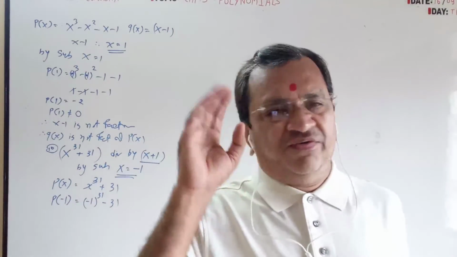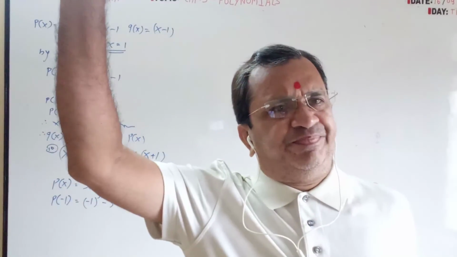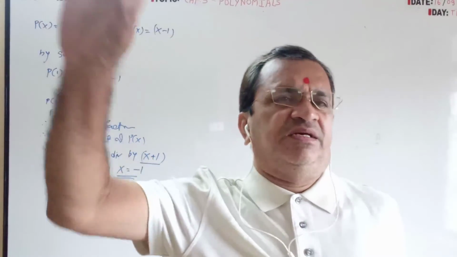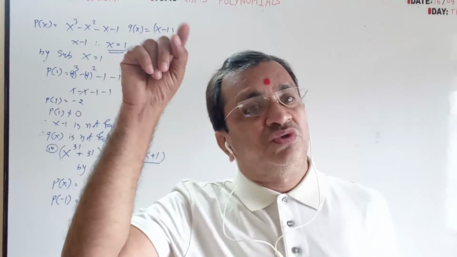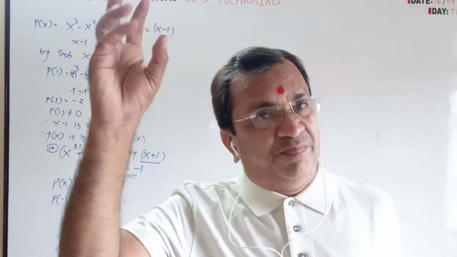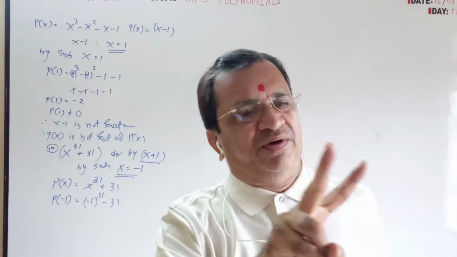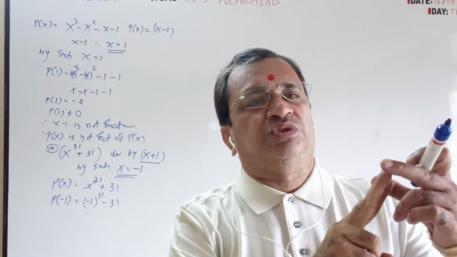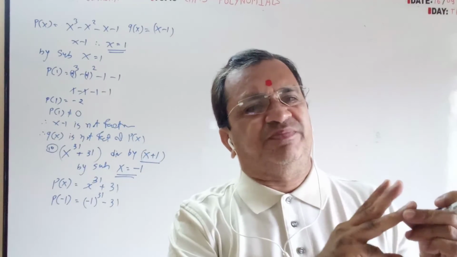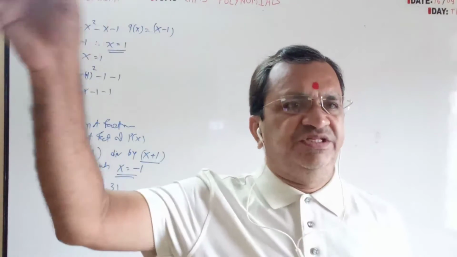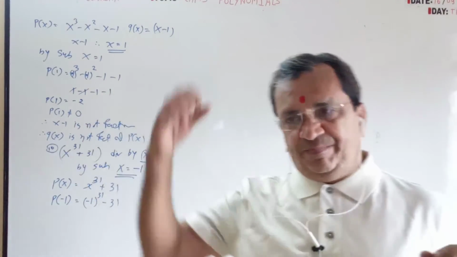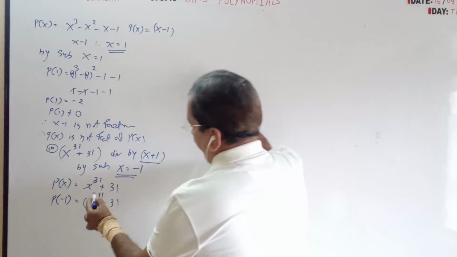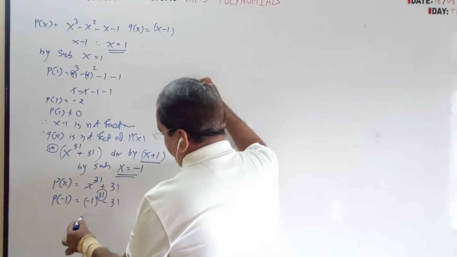If 1 is raised to how many, the answer is always 1. But minus 1 raised to an odd power is negative, and with an even power it is positive. So every minus, minus, plus, minus, minus, plus. So at the end, for an odd number it is minus.